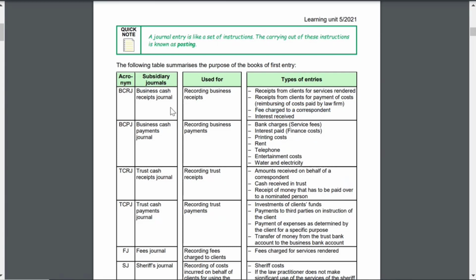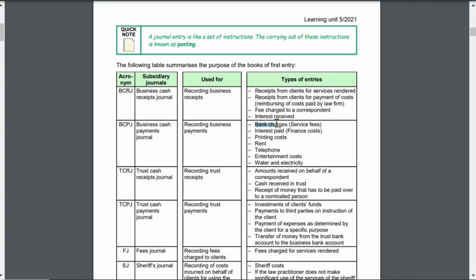So basically the Business Cash Receipts Journal is for all those cash transactions, which means all the money coming into the bank account of the business.